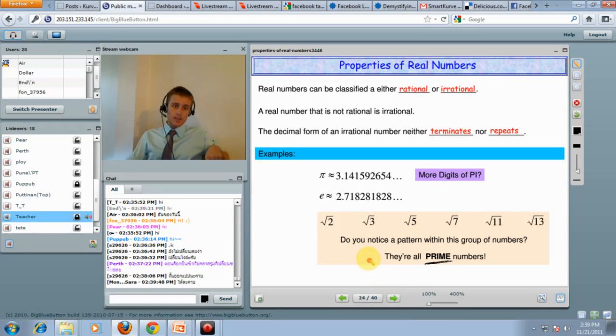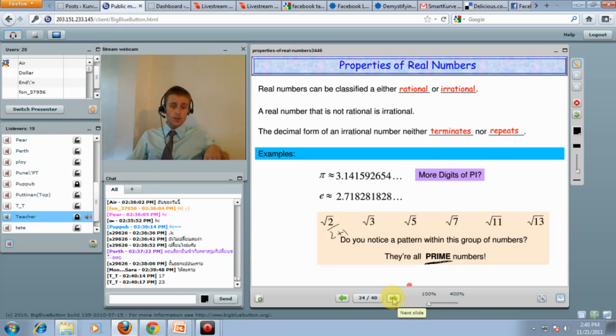Prime numbers cannot be divided by anything other than themselves and 1. 2 can only be divided by 2 and 1, nothing else. 3 by 3 and 1, nothing else. 5 by 5 and 1, nothing else, and on and on. They are all prime numbers.